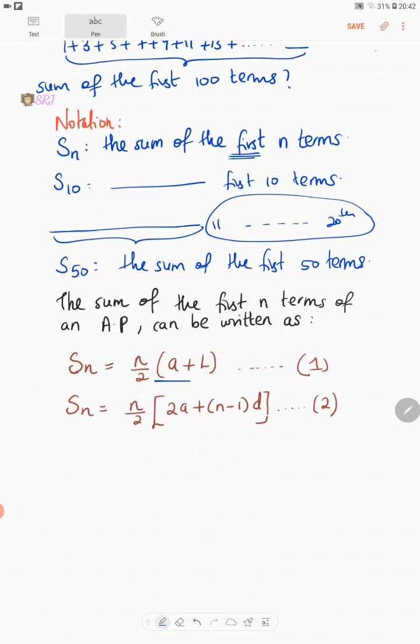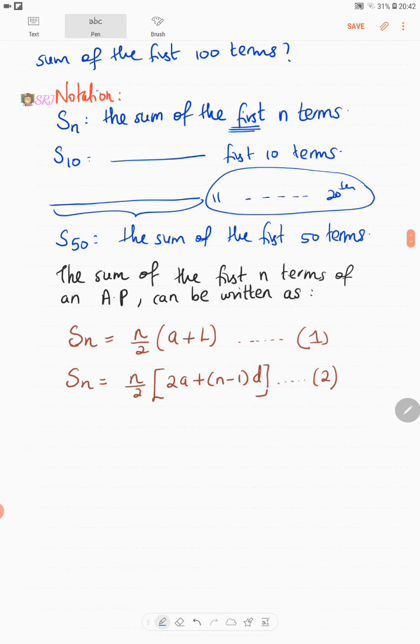So to use this formula, we need to know the last term of the sequence. And the second formula is Sn is equal to n over 2 into 2a plus n minus 1 times d. So here we need the first term and the common difference. So depending on the information given, you have to choose which formula to use.